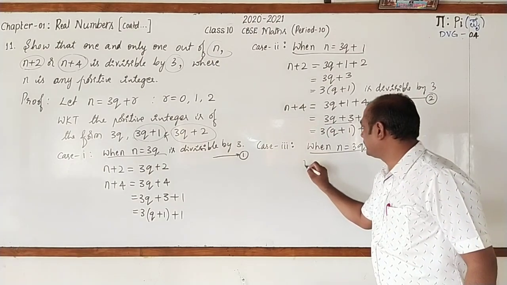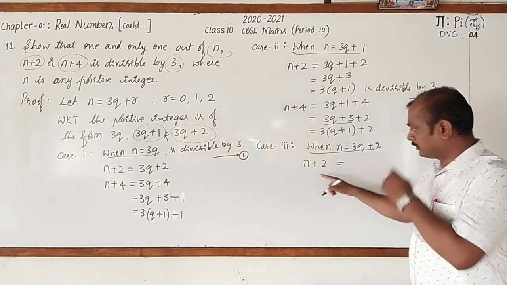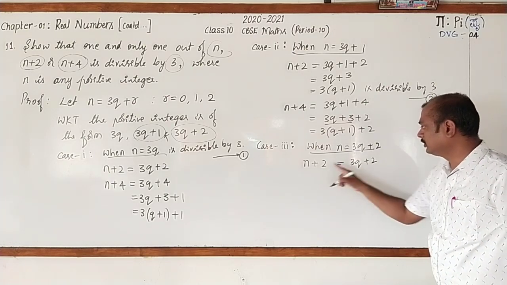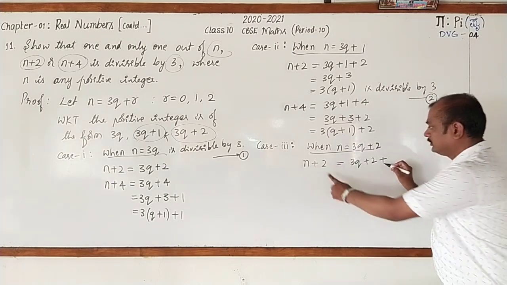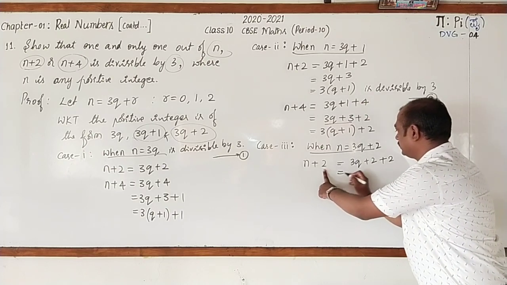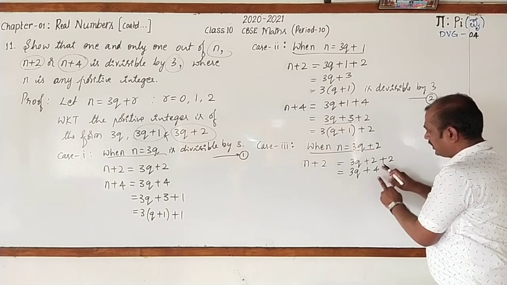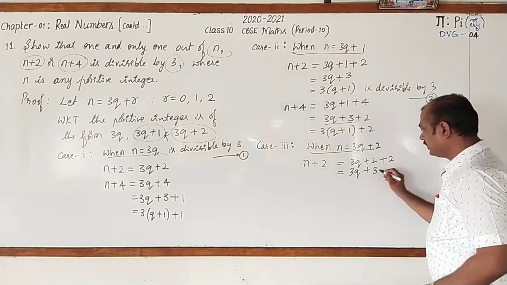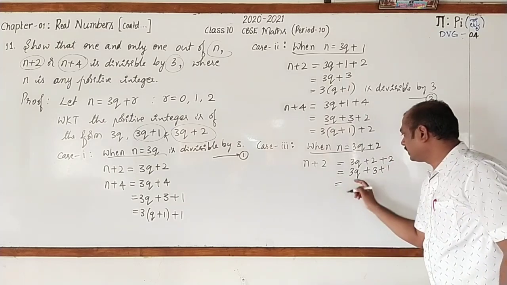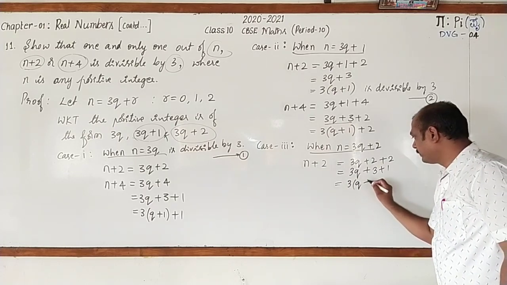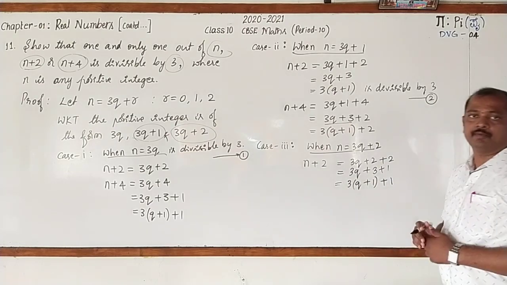It is n plus 2. n plus 2 equal to, what is n? n is 3q plus 2. Then plus this plus 2. It's equal to 3q plus 4. Right? And 4 can be written as 3 plus 1. Now you can take out 3 as common factor. 3 into q plus 1 plus 1.